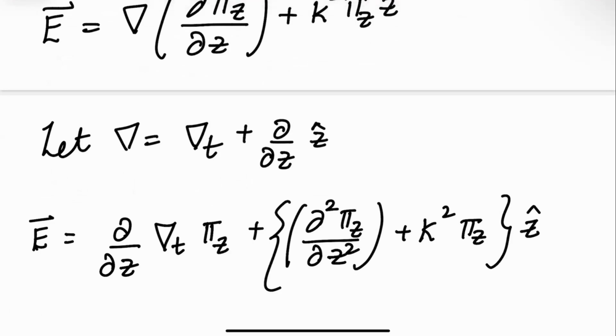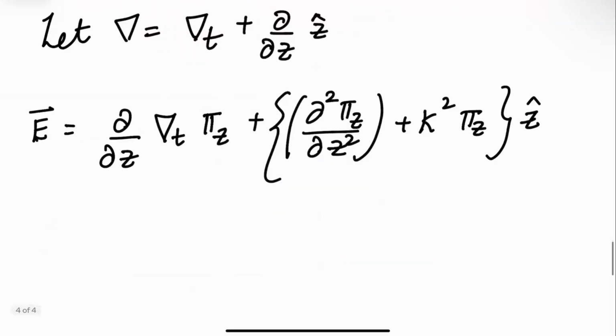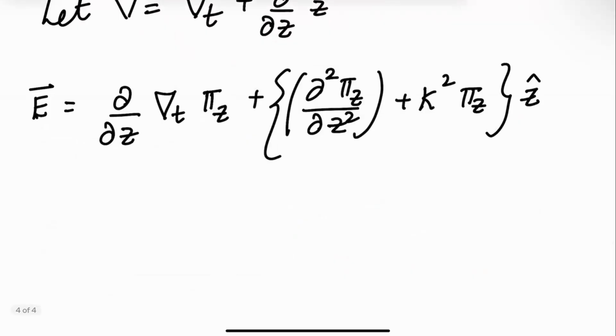All I've done here is separate this into these two components. This component, when it acts on this, gives you this part, and then you're left with just this and this. Then I pulled the d over dz out and took this term inside, which gave me this term. Of course, this term is the same as this. Nothing special, just some manipulation.